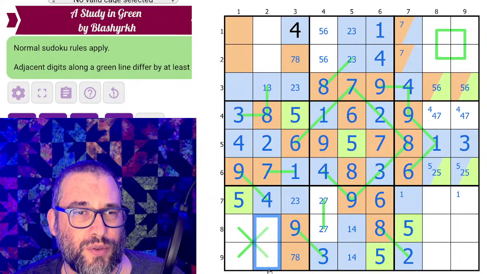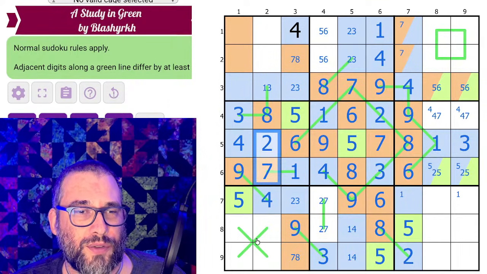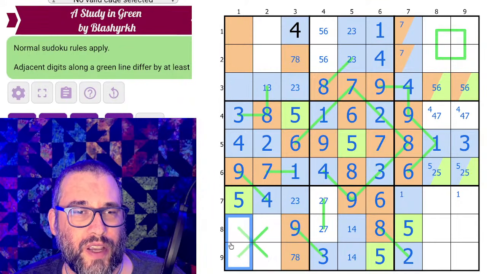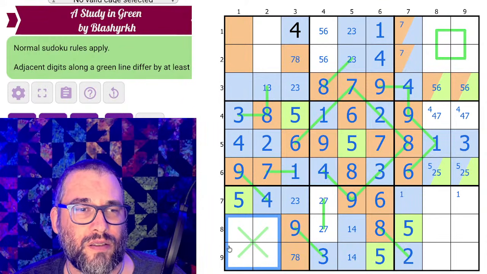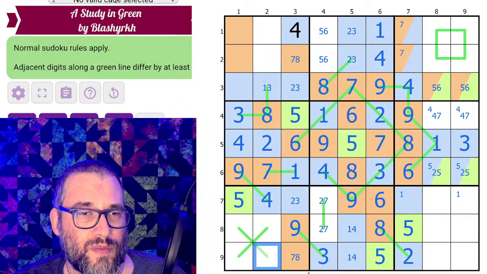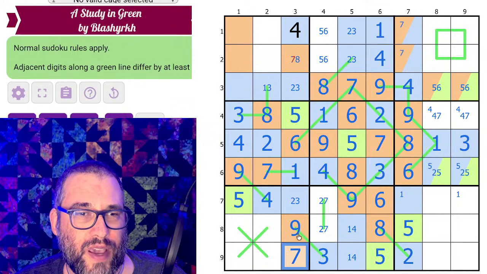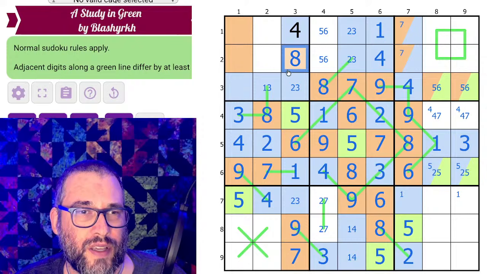This has a 2-7 pair in column 2, so you can't have 7 on this X at all. So that's a 7. That's an 8.